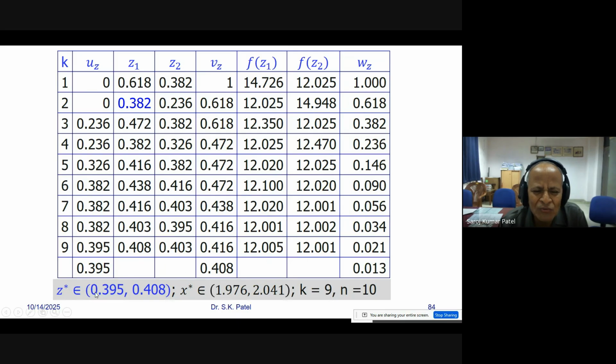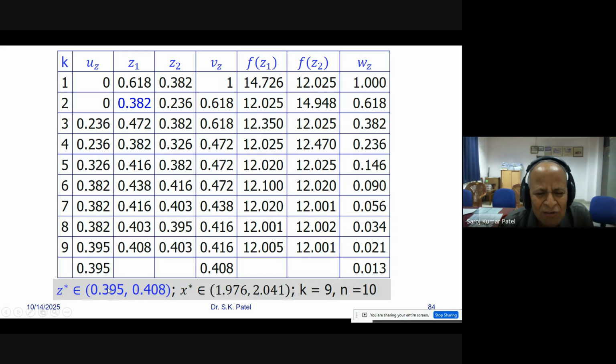Z star belongs to 0.395 to 0.408, and this we obtained after 9 iterations. K is equal to 9. And how many function evaluations? For every iteration 1, and in the first iteration 1 more, that is 2. So 10 function evaluations or 9 iterations will get this result.